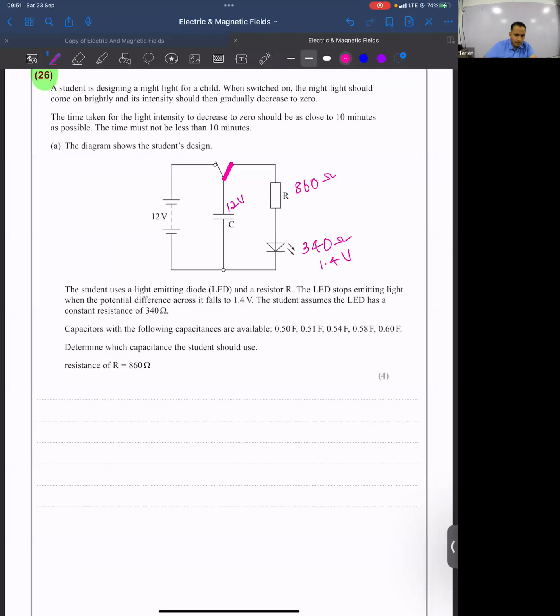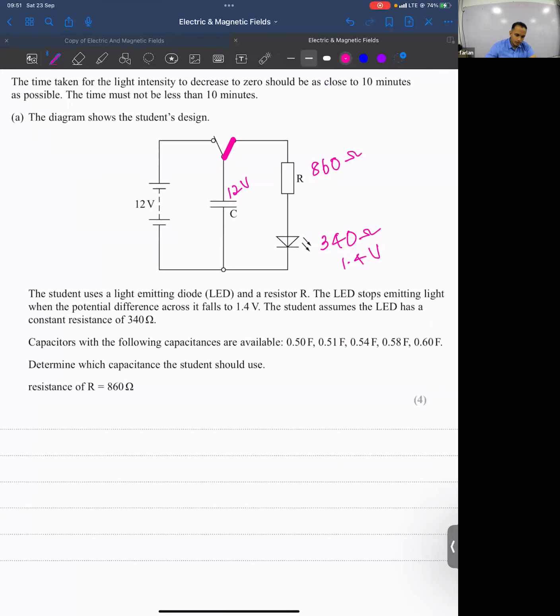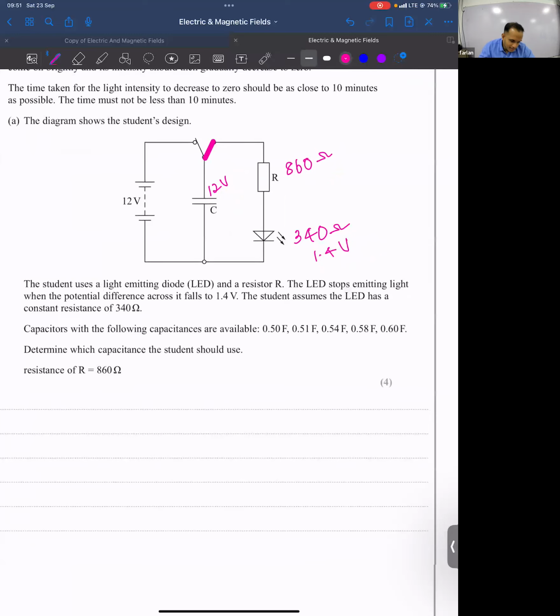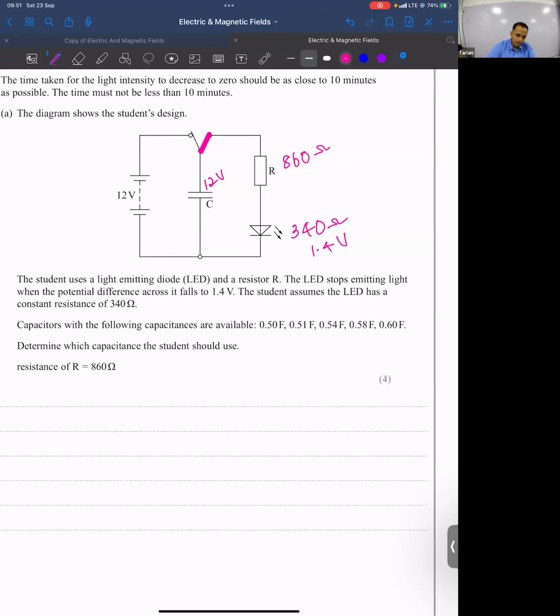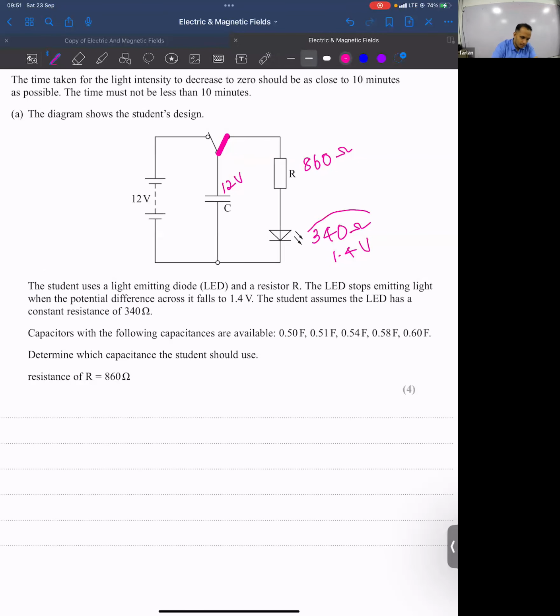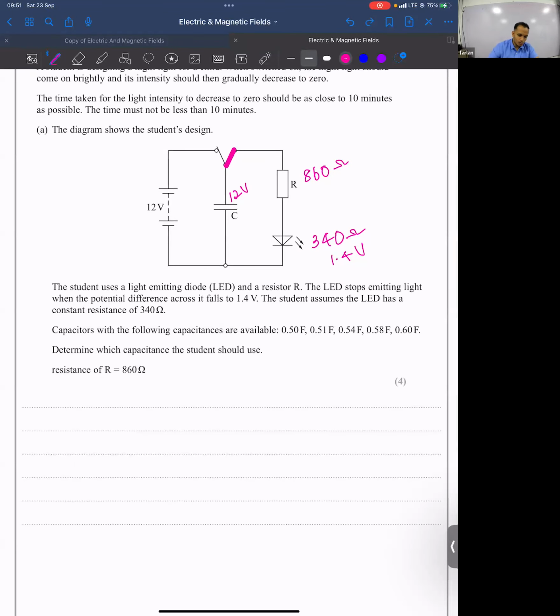Exactly. Fine. So now we don't know the capacitance. I will take the instant when the voltage across the LED has come down to 1.4 volts. For the LED, I will use V equals IR.